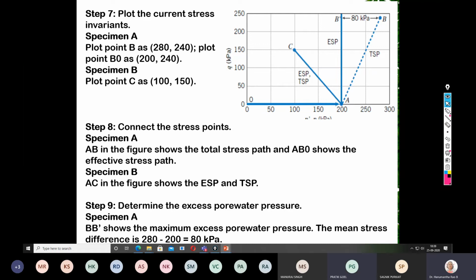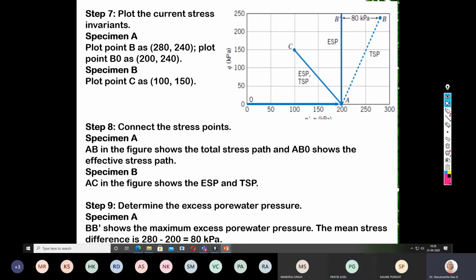Sir, when we talk about this spring analogy, that is for consolidation when the sample is fully saturated. But here, if you look at our case, from 0 to 200 kilopascals we consolidated the soil sample. That means it is no more fully saturated.